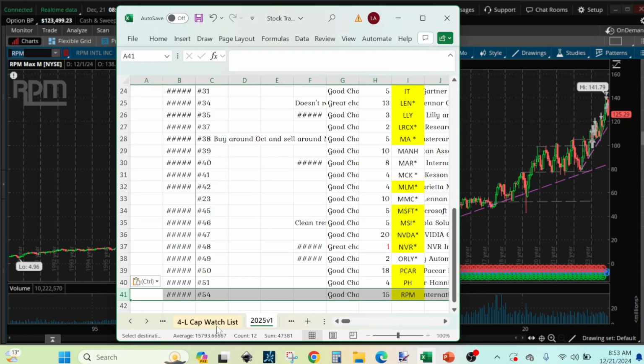A lot of them are passing our first filtration here. RSG. Okay, RSG is somewhere here, higher than the previous year high, so it's a keeper. It does have a clean trend line too.